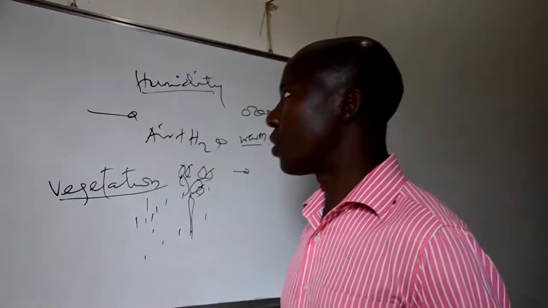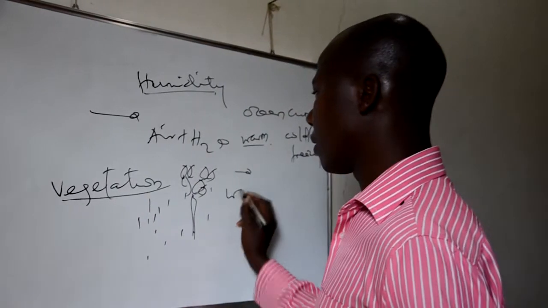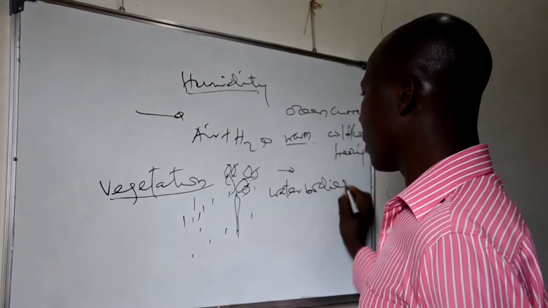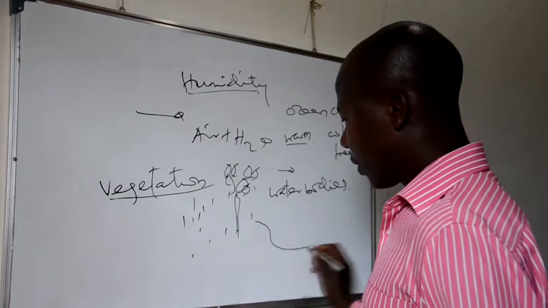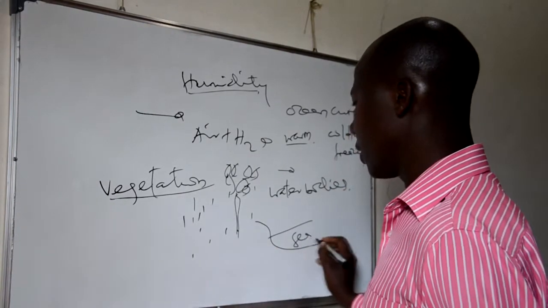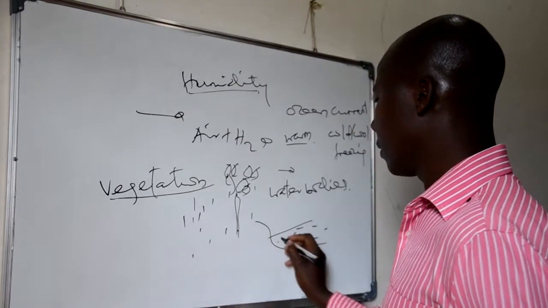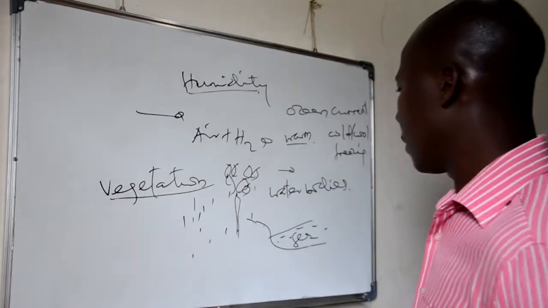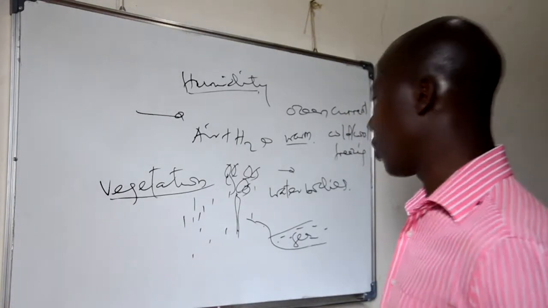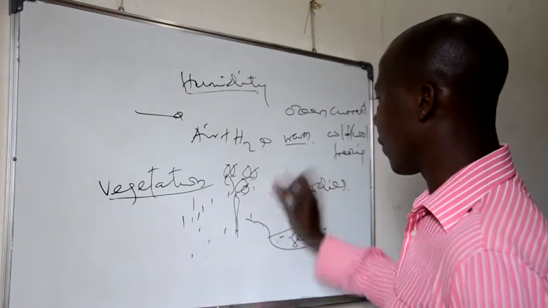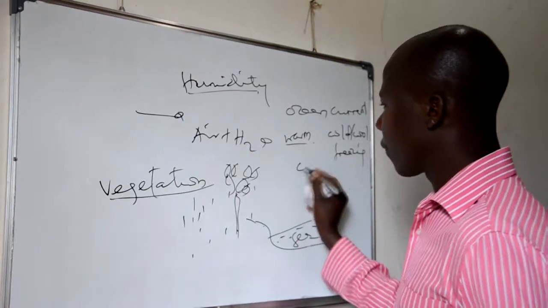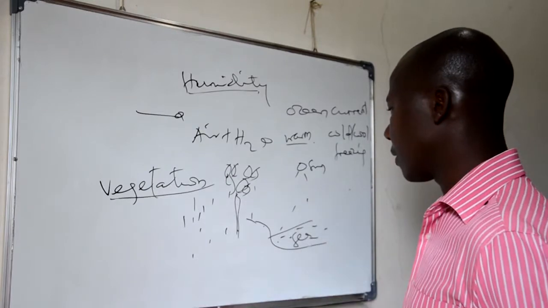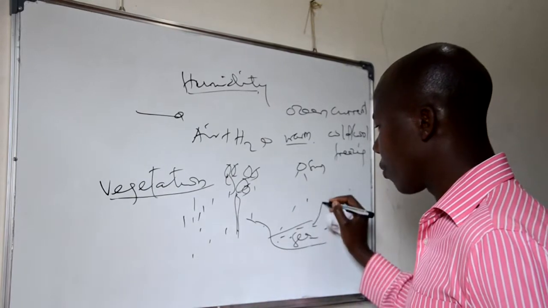The third factor influencing humidity is water bodies. Most humidity takes place in the area of oceans and water bodies, for example, an ocean, lake, or large river. These water bodies receive radiation from the sun. When this radiation hits water bodies, there is rising of evaporation.